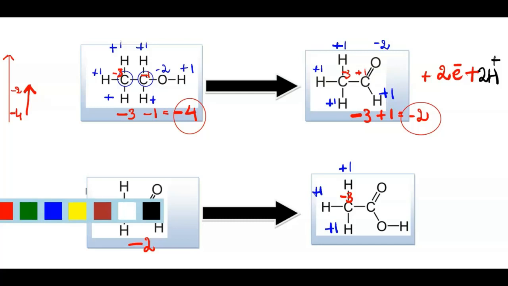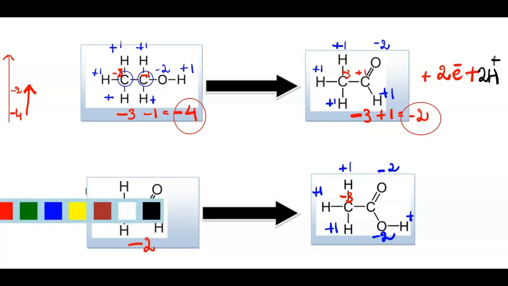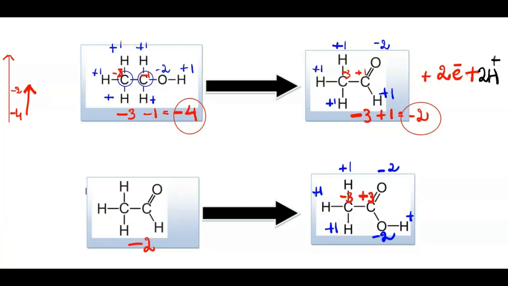For the next part, -2, -2, +1, so the oxidation state is +3, -3 and +3. The oxidation state is 0. So -2 to 0 is an increase in oxidation state, so a loss of 2 electrons.